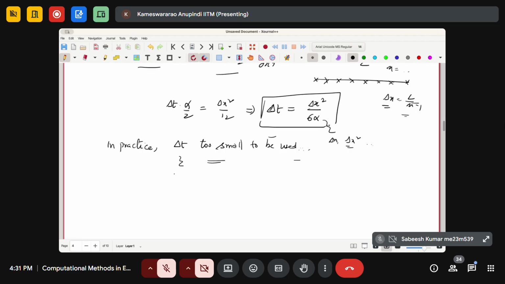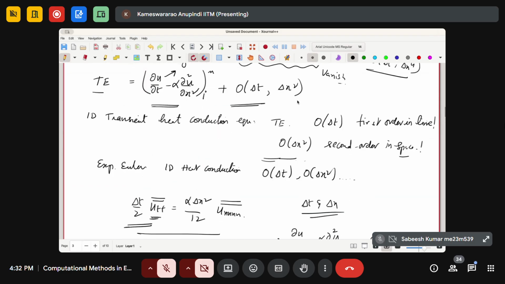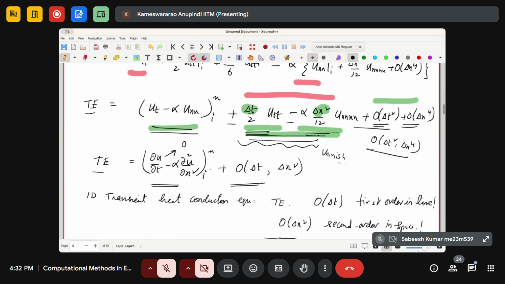Now let us comment on the consistency of the explicit Euler method. Our truncation error is of this fashion: (Δt/2) u_tt minus α (Δx²/12) u_xxxx.